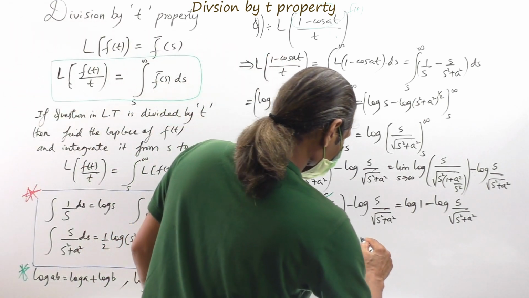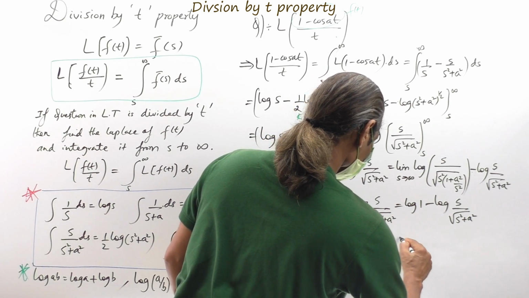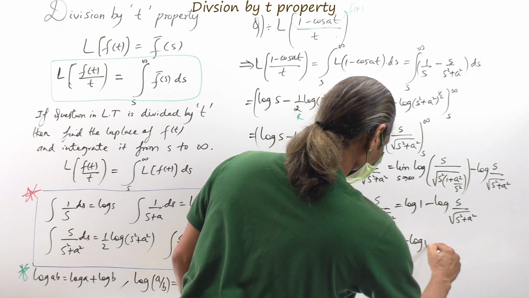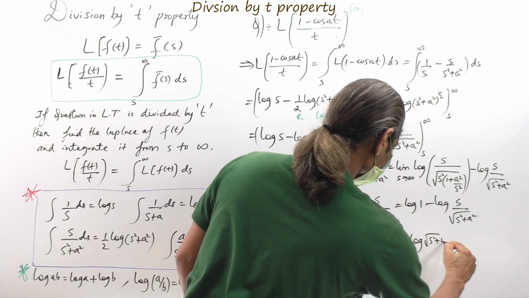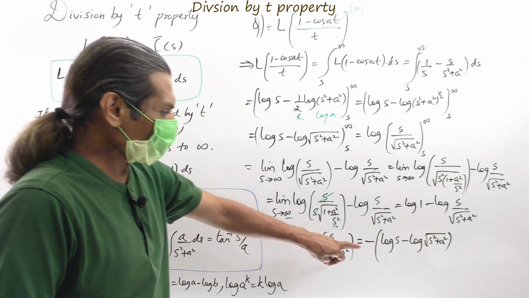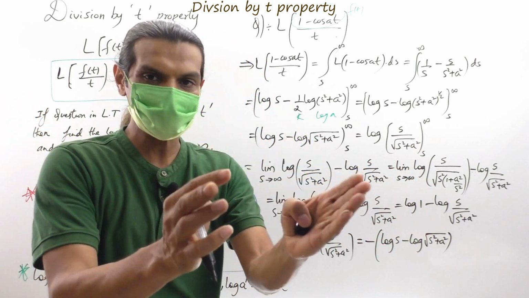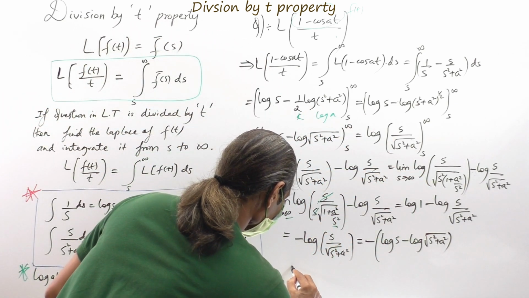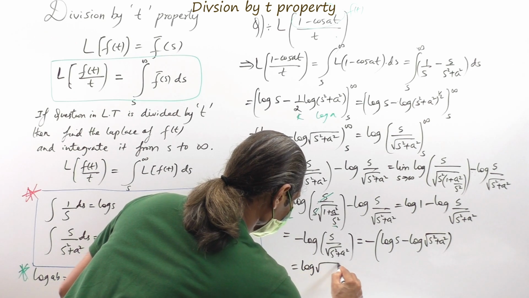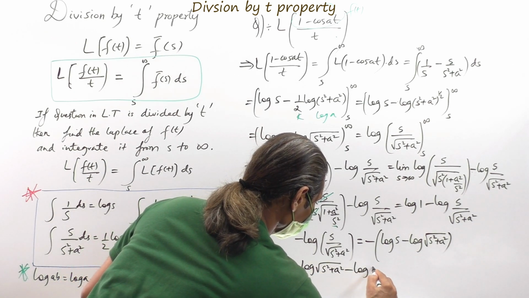Now again, log a by b is log of s minus log of root of s square plus a square. Now if I open the bracket, minus into minus becomes plus, so the log of root s square plus a square comes first, simple mathematics. So this will be log of root of s square plus a square minus log of s.